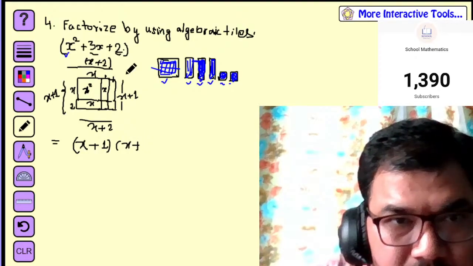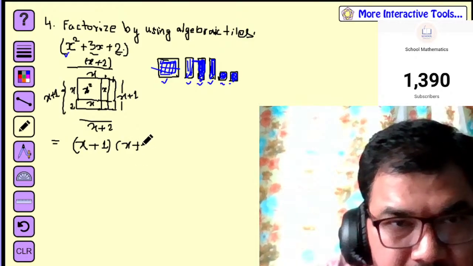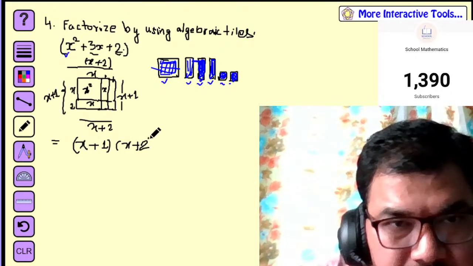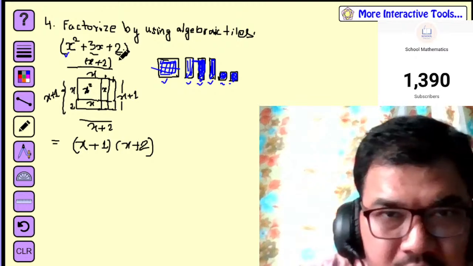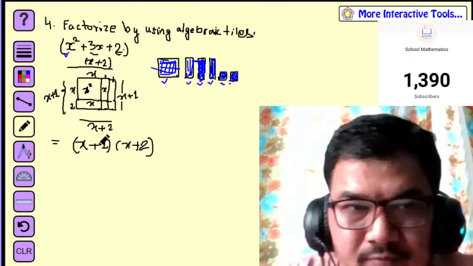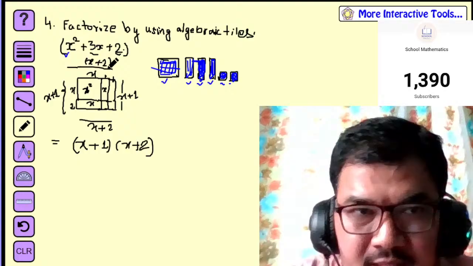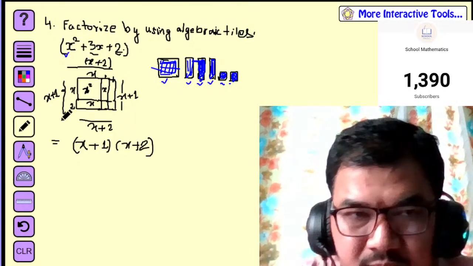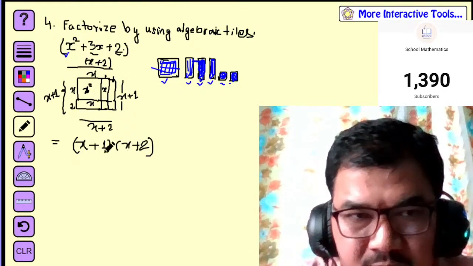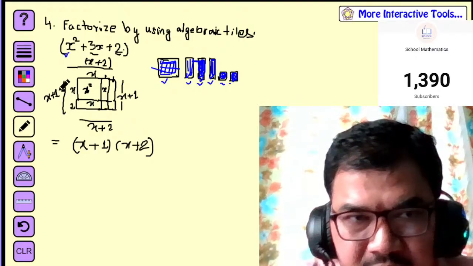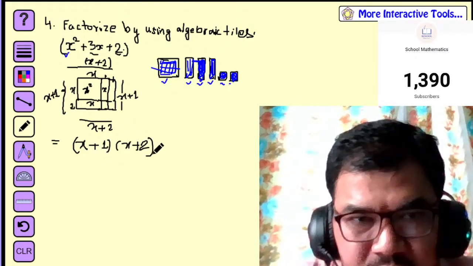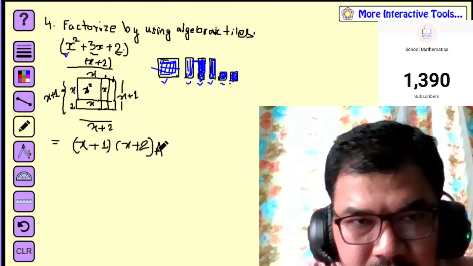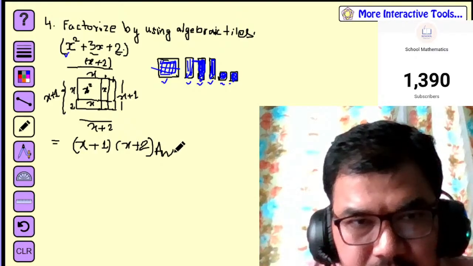Like this we have to factorize by using algebraic tiles. The area is length and breadth multiplied, and these two are the factors for this algebraic expression.